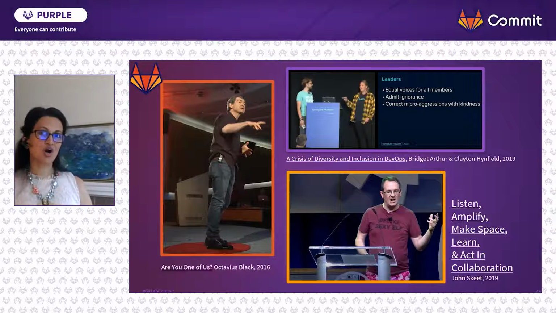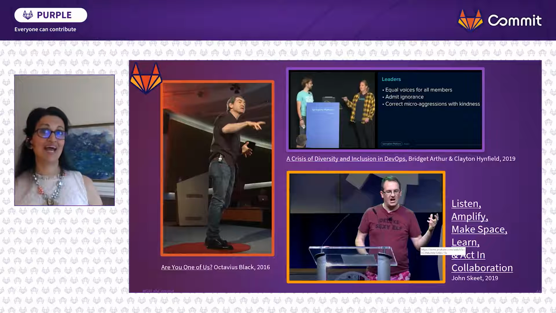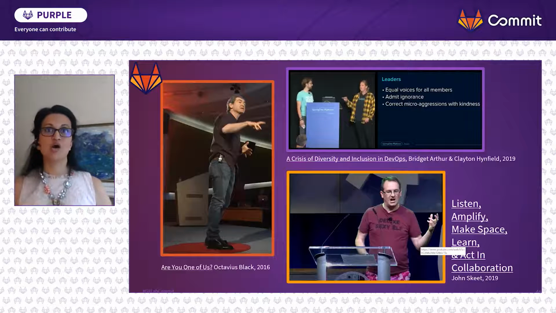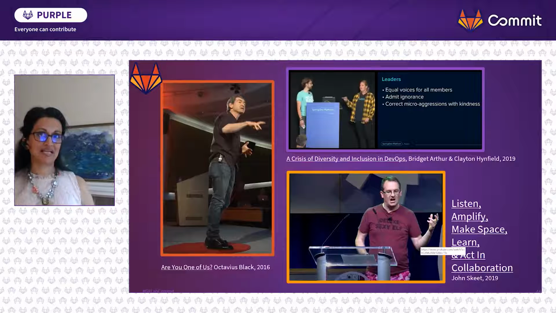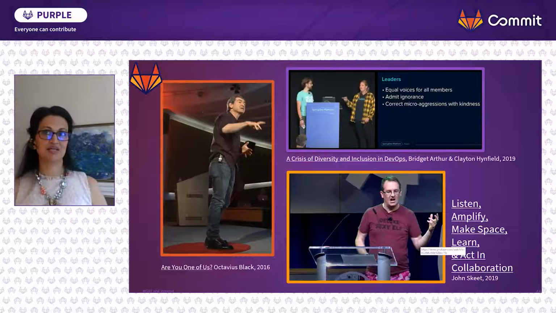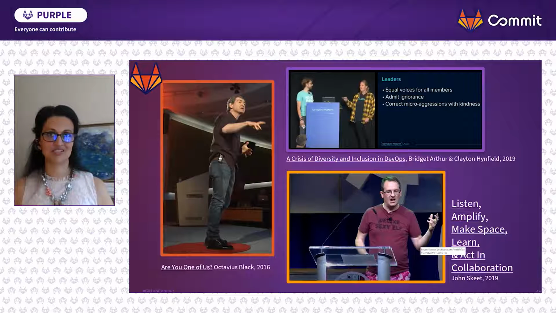So here are 3 talks I wanted to share and that I highly recommend watching. Octavius Black talks about empathy in a hilarious manner, so great watch. Bridget and Clayton from Pivotal share the tactical practices that anyone can apply in their organizations.